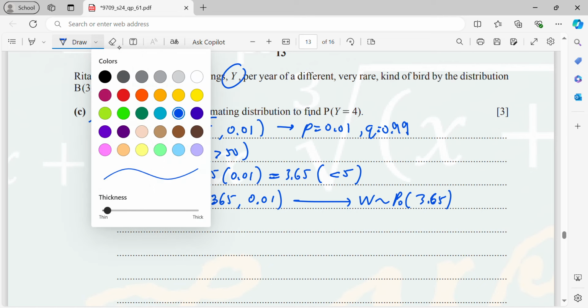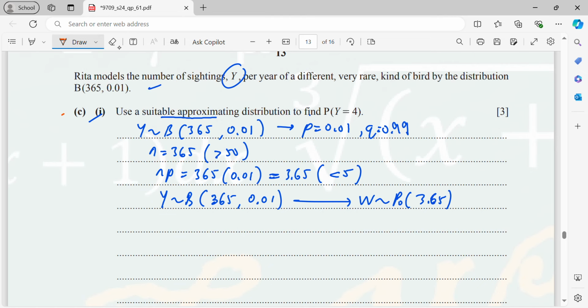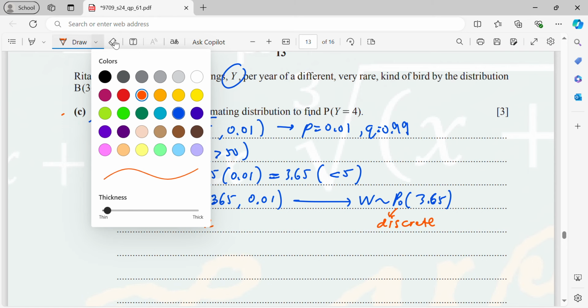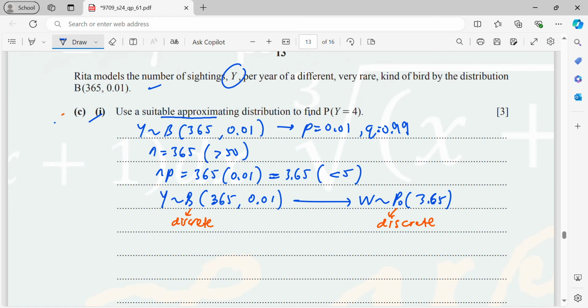Now, for this case, binomial is discrete, and Poisson is also discrete. So both are the same type of distributions, I mean the same type of variables. Both are discrete. Therefore, Y and W are the same type of random variables because both are discrete.